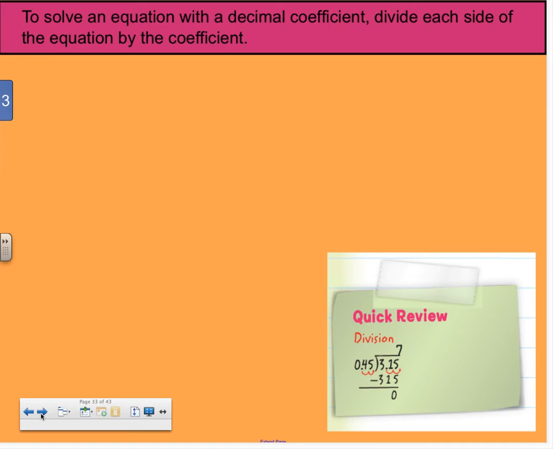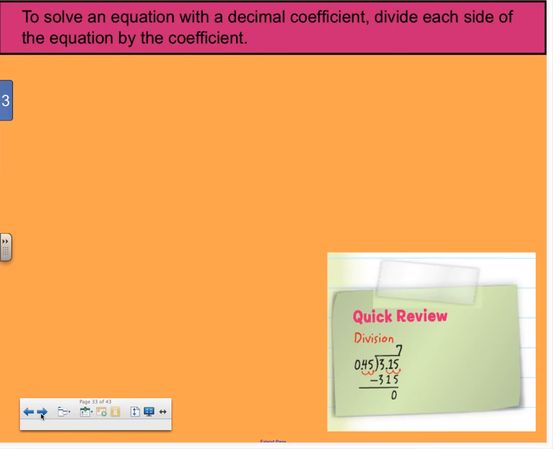Okay. Example 3 is a little bit different. Look at example 3. What do you notice is different about example 3 than the other 2 examples? Tell your neighbor. Okay, Robert, you had your hand up.